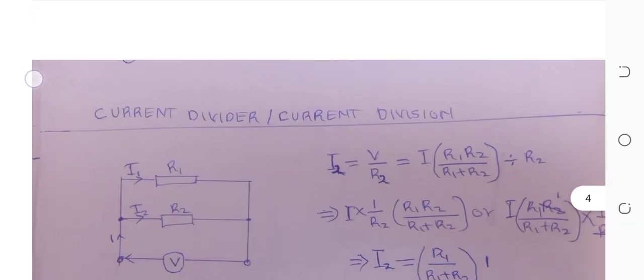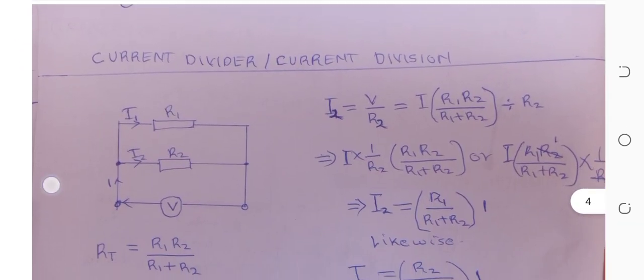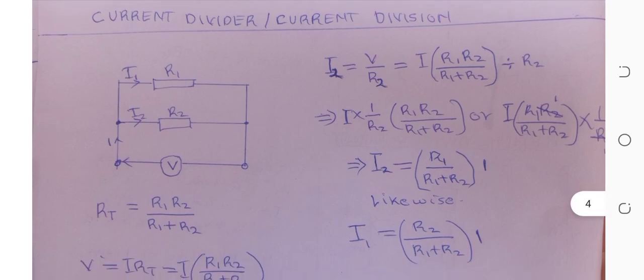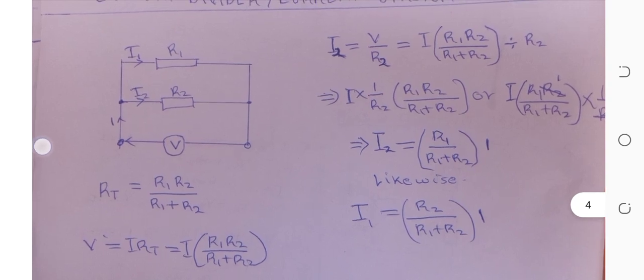Then let's talk about current dividers, or the current division method. This is used to find the current that is passing through a single resistor in a parallel circuit. So to find that, let's go through this.